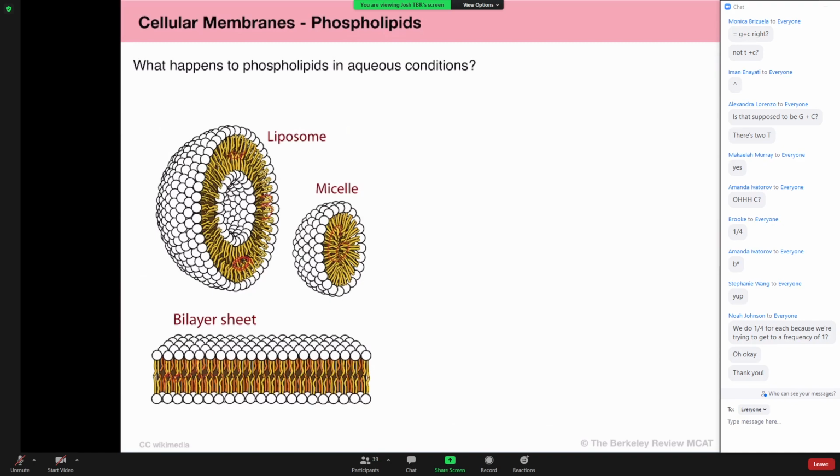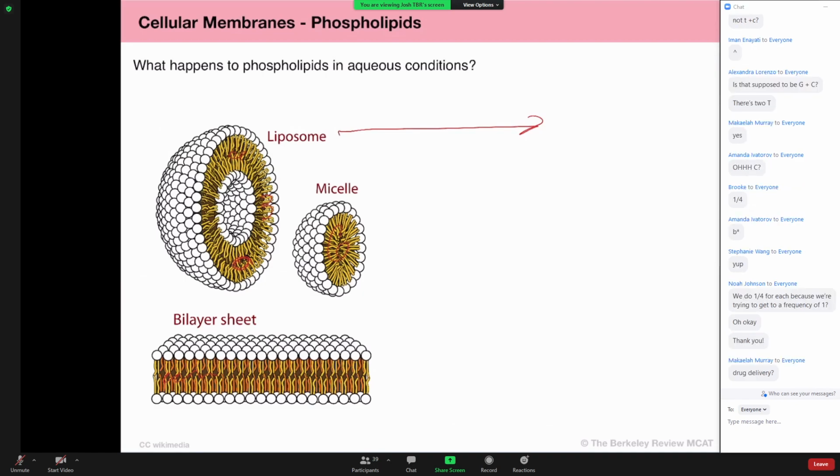Why are liposomes so important? What's so cool about liposomes? These are super important in the context of our MCAT, specifically because of, exactly, thank you, drug delivery. Researchers have increasingly adapted liposomes as a way to deliver drugs into the cell.